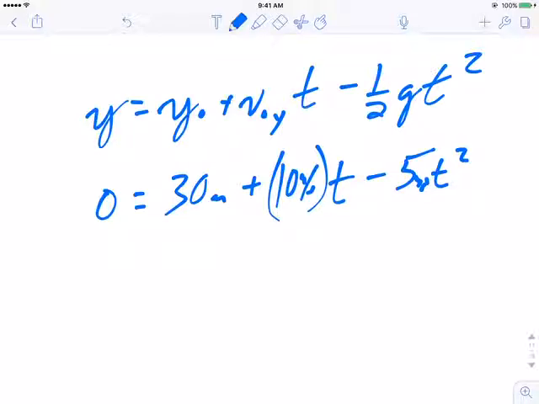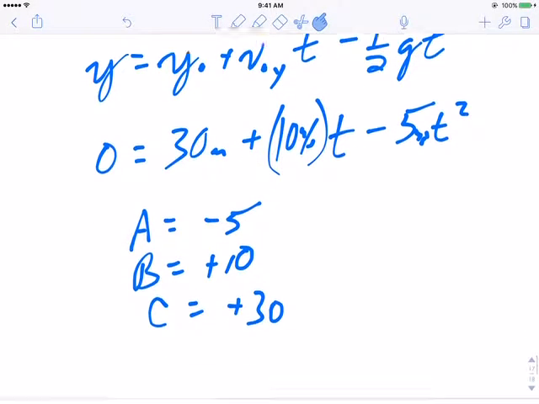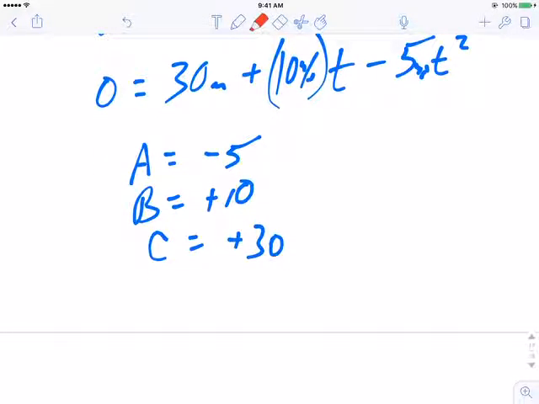For all I care, if you have a quadratic formula program on your calculator and you go in and say, okay, a equals -5, b equals +10, and c equals +30, then great. Go ahead and use that because it's going to get you the correct answer for your time.